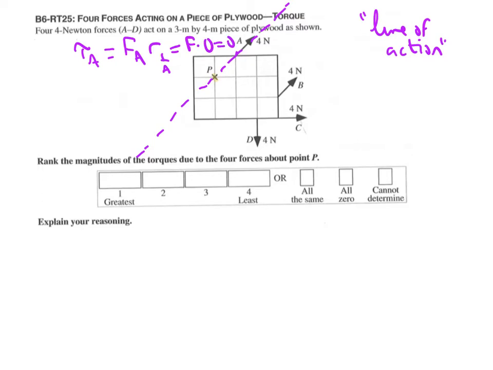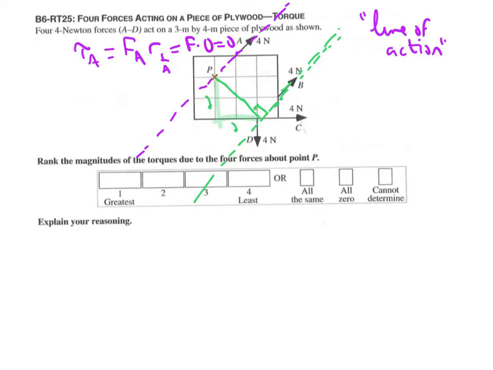If we look at B, we're going to say, well, the line of action for B is parallel to the one for A, and the R perpendicular is going to be this line, the perpendicular distance between the line of action and the axis point. And we can see that that line is the hypotenuse of this right triangle, and the sides of the right triangle are each 2.